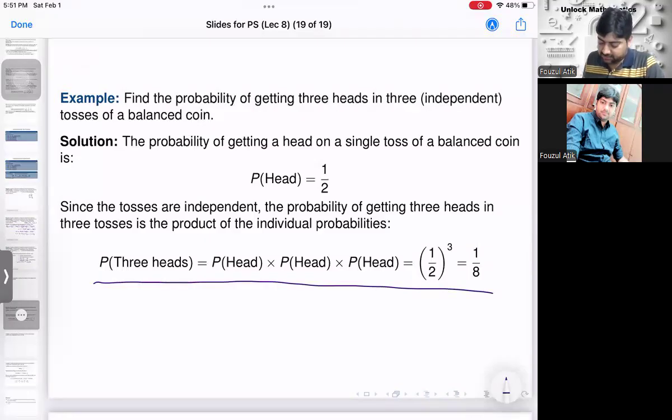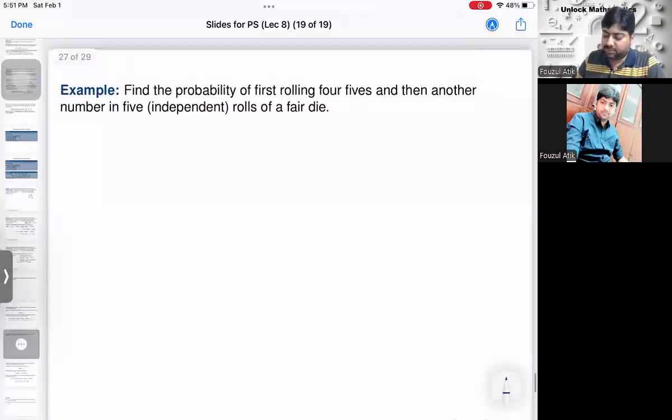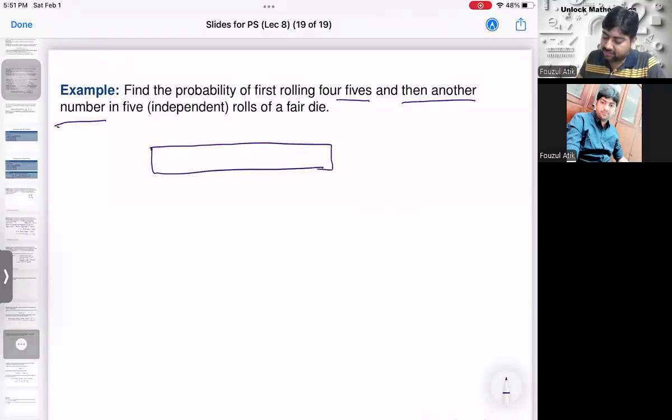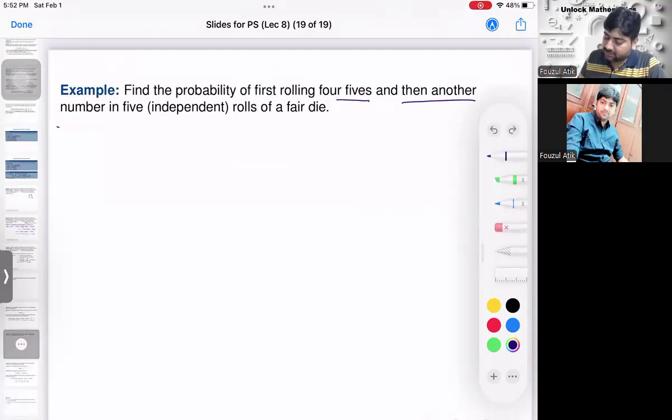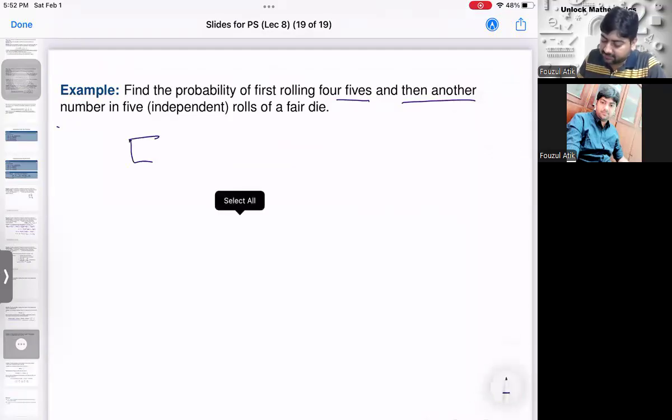We have one more example. Find the probability of first rolling four fives and then another number in 5 rolls of a fair die. So basically you have 5 rolls. You are going to roll the die 5 times.